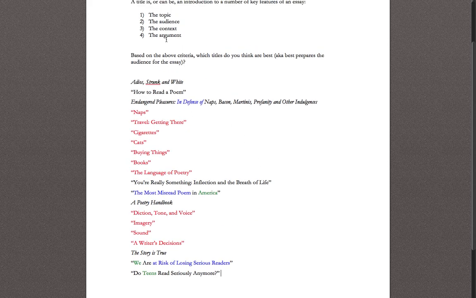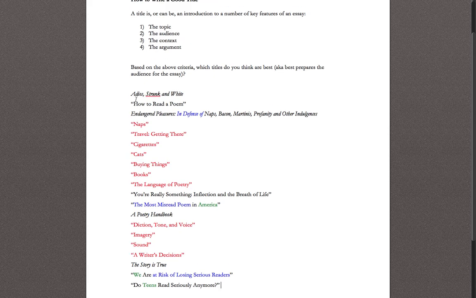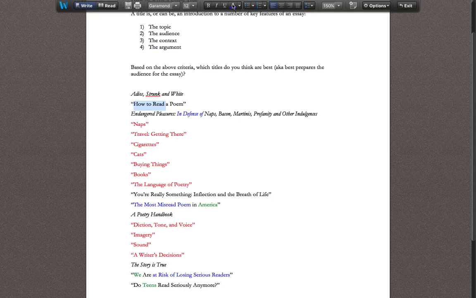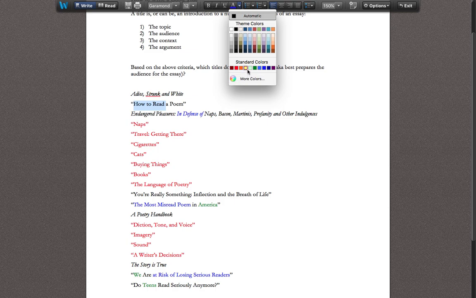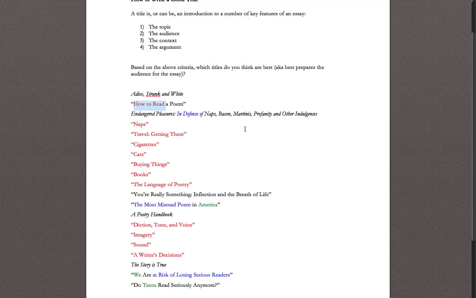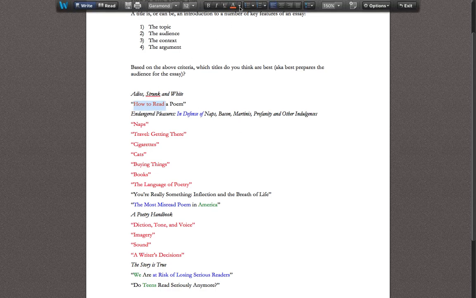Lastly, the argument or the purpose. Do we have any titles that hint at the purpose? So yes, we do. Edward Hirsch's essay is an argument about how to read. Is it too much like red? I think it is. Let's go with yellow.